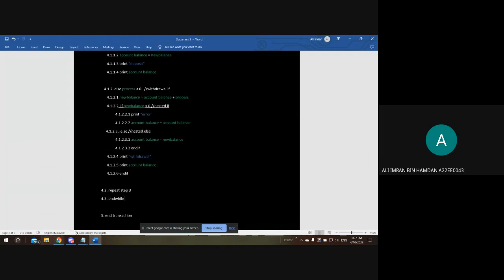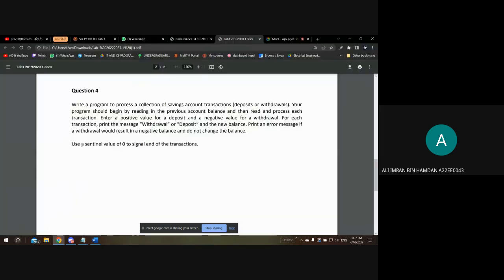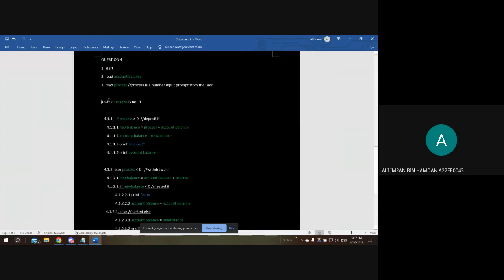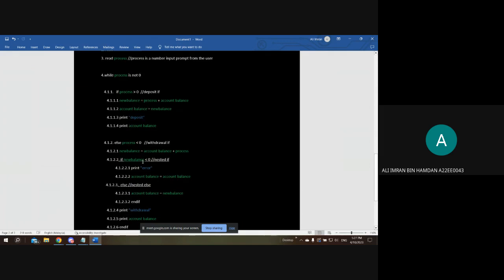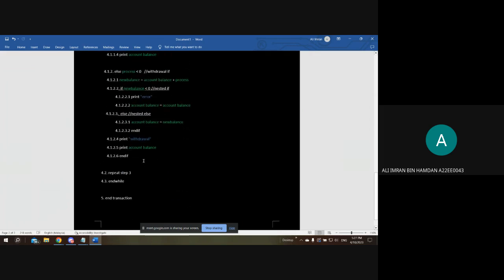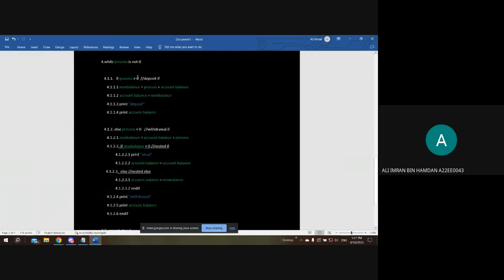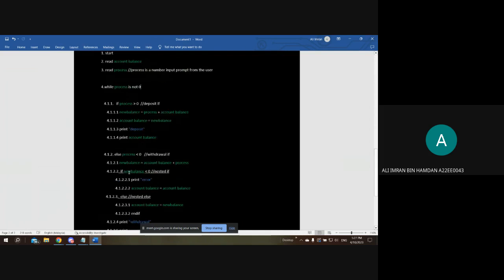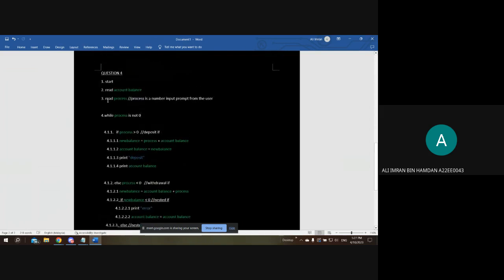And then for the loop part of the question, use the sentinel value of 0 to signal the end of the transaction. As you can see over here at number 4, we have while process is not 0. If the process, which is the variable, is not 0, it's either bigger or smaller than 0, so it will do the calculation, and then once it does the calculation, it will repeat step 3, which is to prompt the user for the input of the process variable.